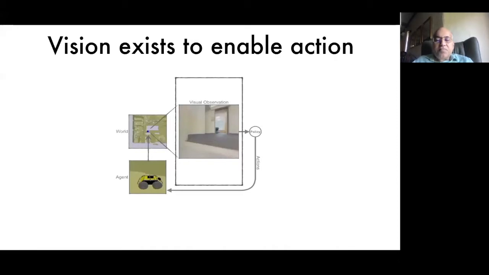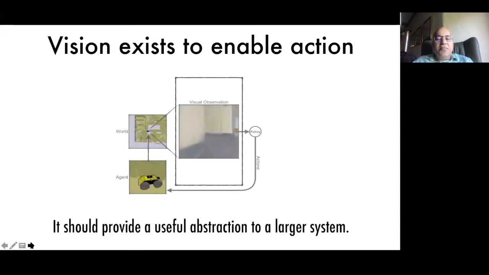So we can try to train policies for this. There is a visual observation, and then we guide action. In this case, this is a navigation task, so actions are of the type move left, move right, move forward, that sort of stuff.